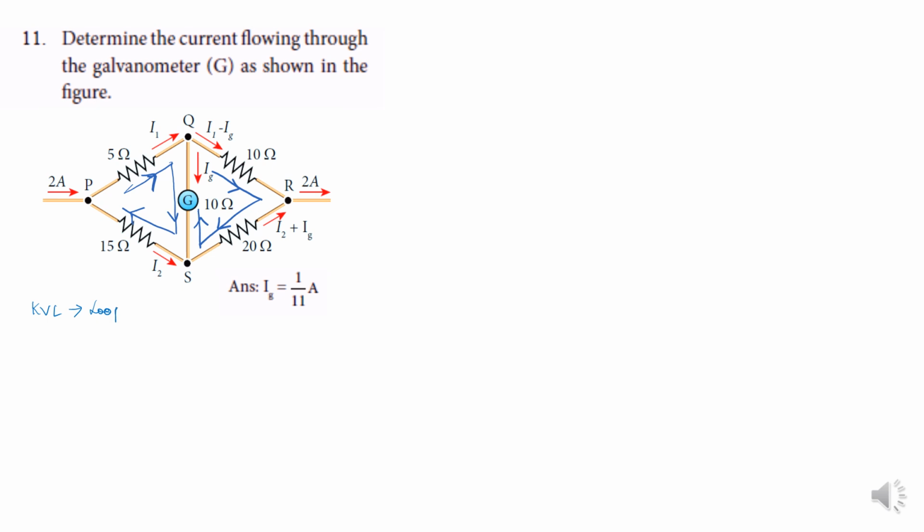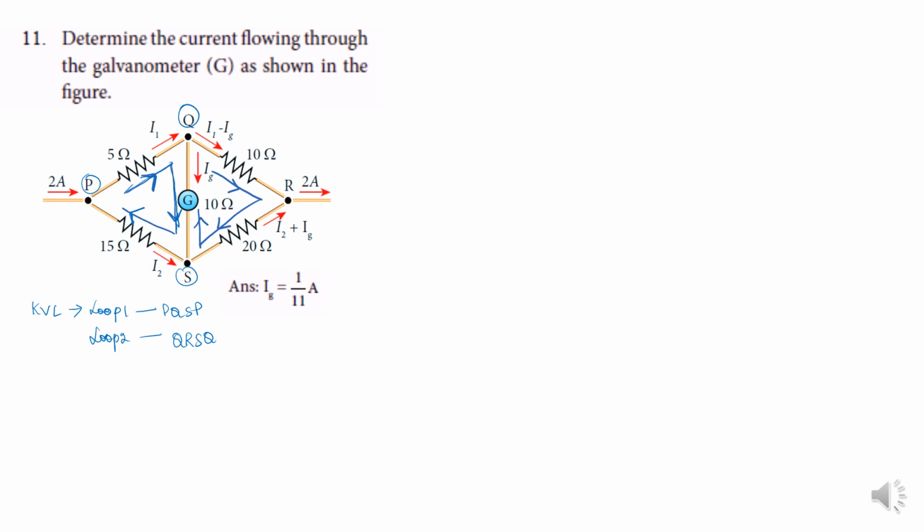Loop 1 is P, Q, S, P, and loop 2 is Q, R, S, Q. If you want to use Kirchhoff's voltage law, you have to indicate the trace direction. So this is indicated here. I go this way, come down and go this way.